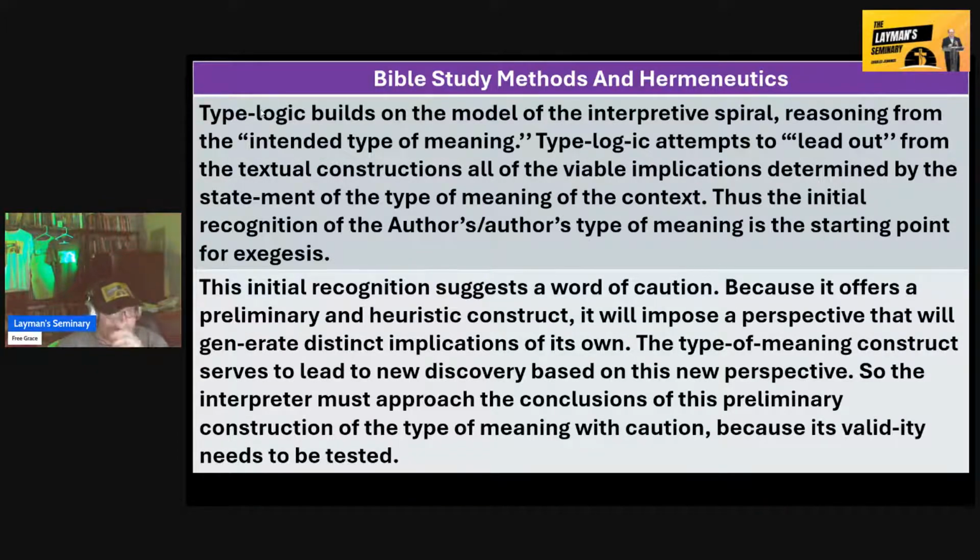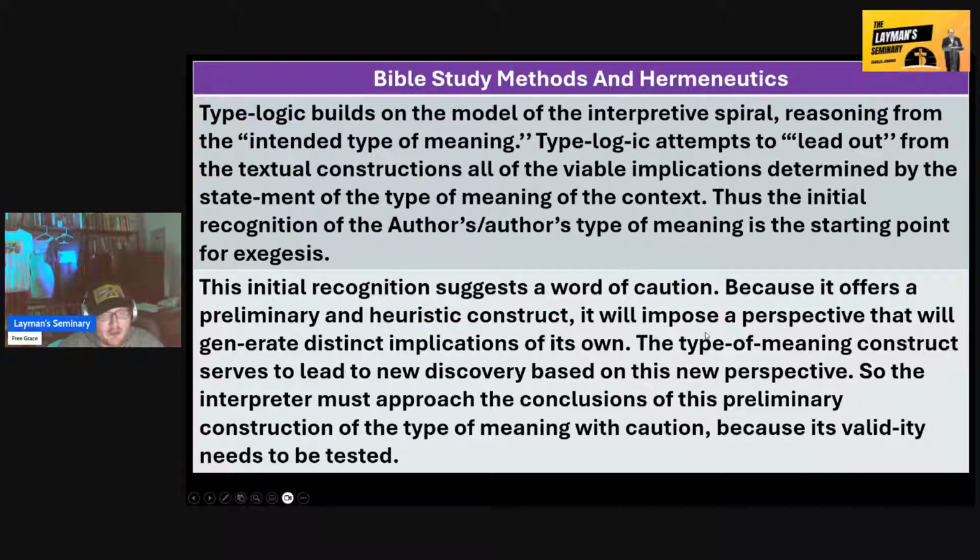All right. Type logic builds on the model of the interpretive spiral. Reasoning from the intended type of meaning, type logic attempts to lead out from the textual constructions all the viable implications determined by the statement of the type of meaning of the context. Thus, the initial recognition of the author's type of meaning is the starting point for exegesis. The initial recognition suggests a word of caution because it offers a preliminary and heuristic construct.